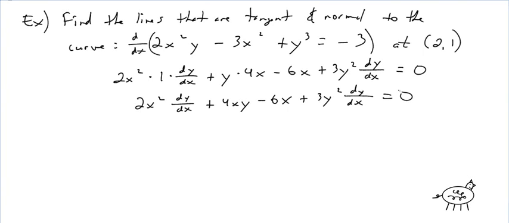And then I'm going to group all these guys together, so I get dy/dx times (2x squared plus 3y squared), and I'm going to move these other guys over, so I get 6x minus 4xy.